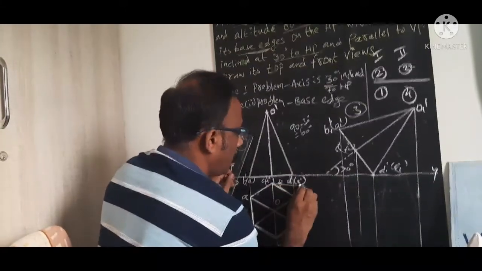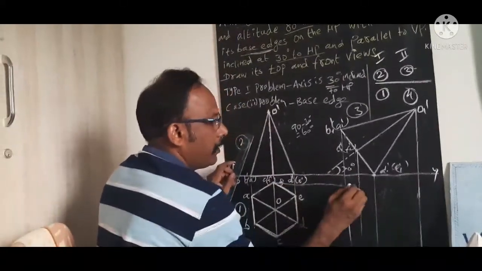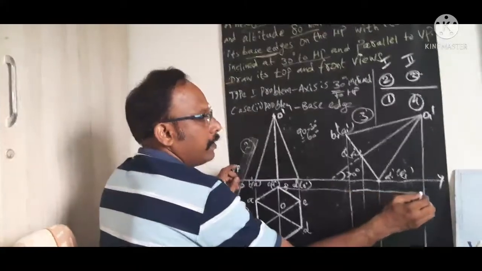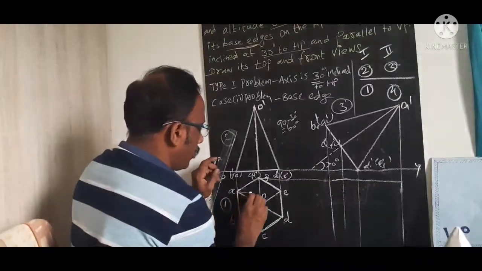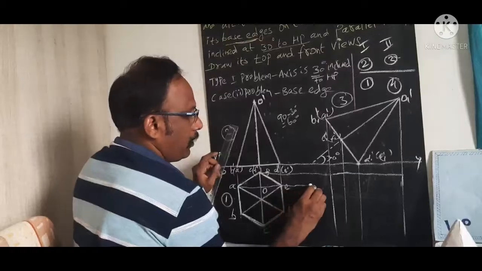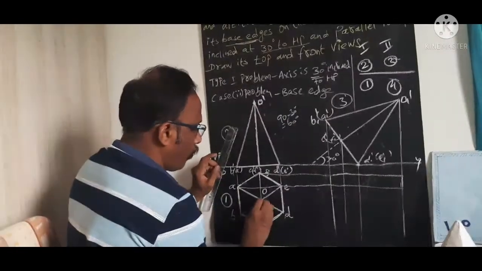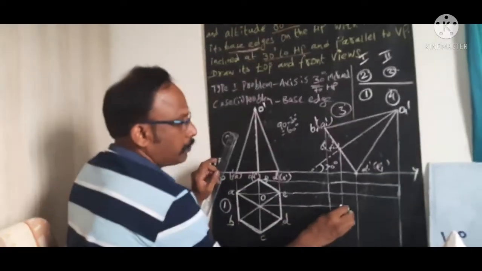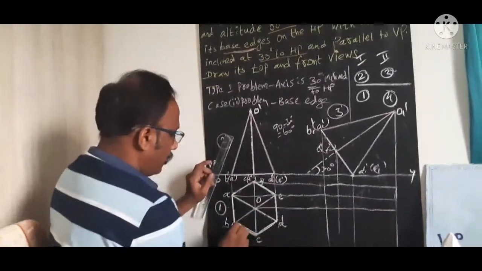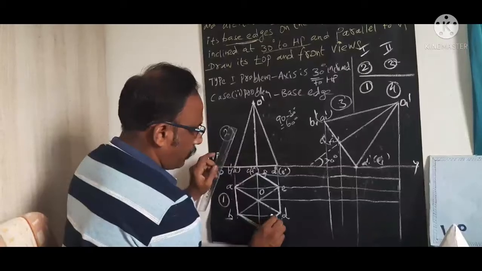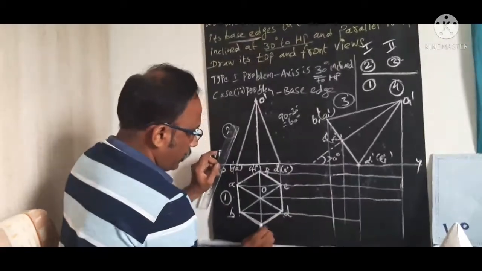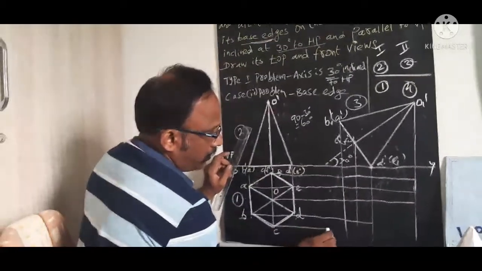First draw the horizontal line from this particular point, right? Then you need to draw the horizontal line connecting A and E. You need to draw the horizontal line. Then you draw the horizontal line from O up to this point, and connecting the horizontal line from B and D up to this point. Then from C you need to draw this point.